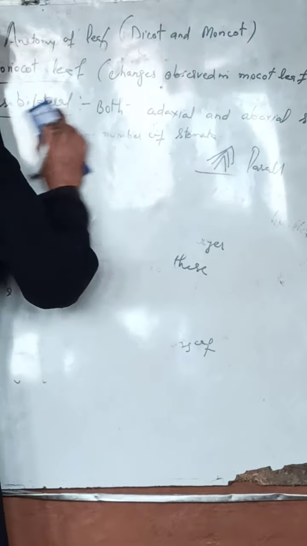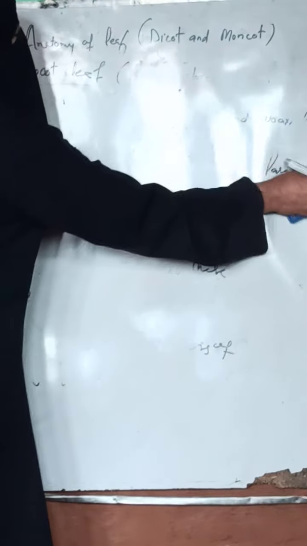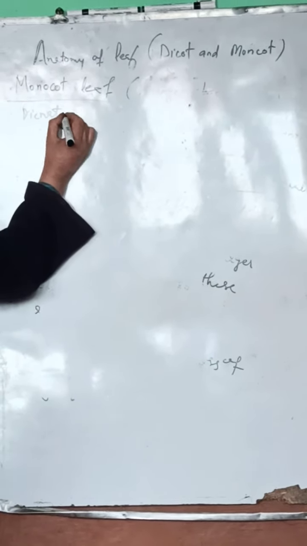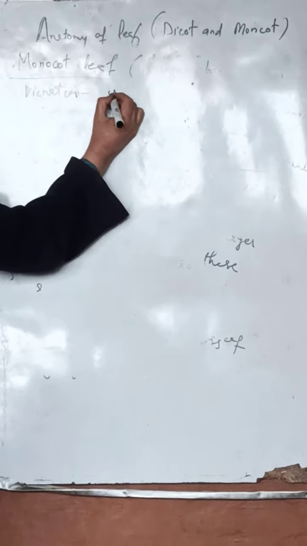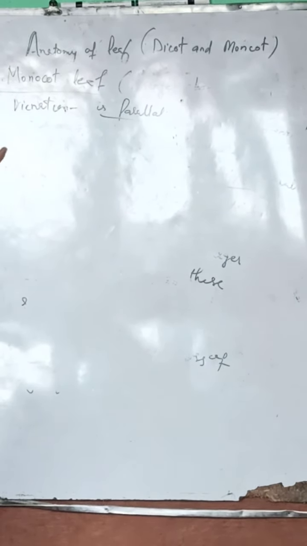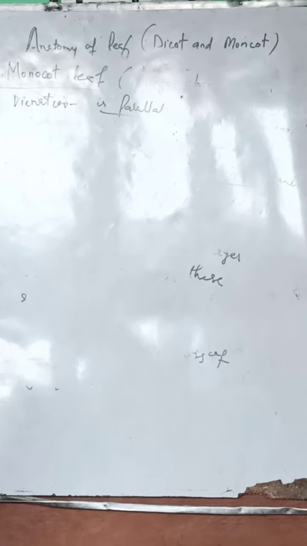So we can write here, in case of monocot, venation is parallel. But in case of dicot, we have seen there was reticulate venation.